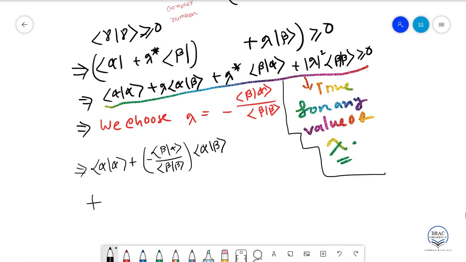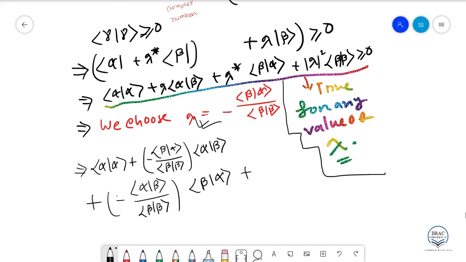In the next line, this is the complex conjugation of this lambda, so lambda star is just minus alpha beta over beta beta. Then you have this beta alpha thing, and then finally you have lambda squared, right?